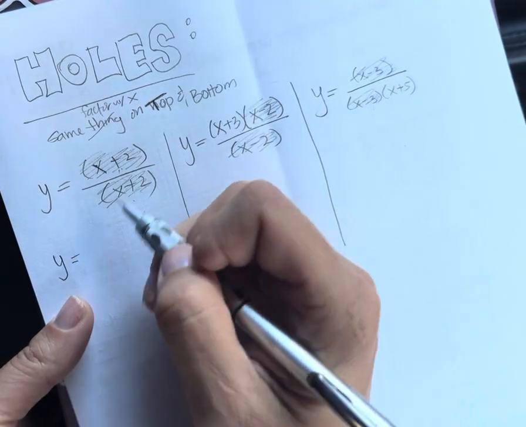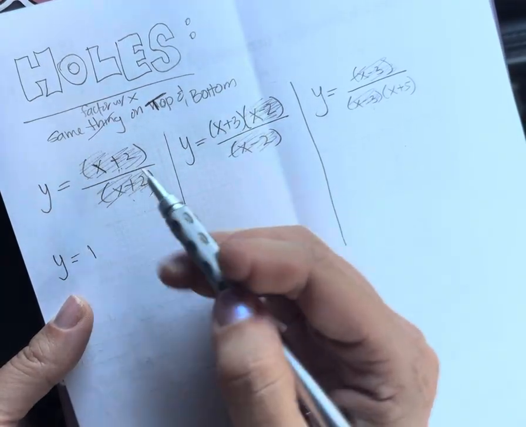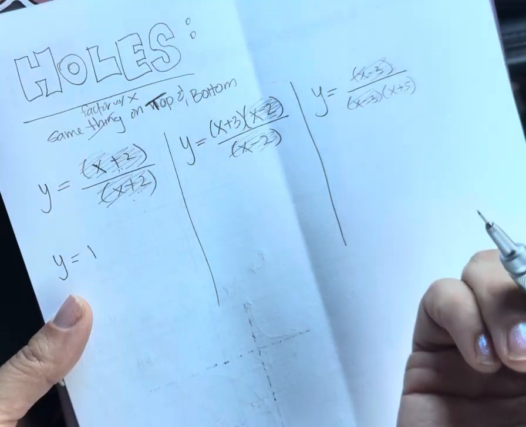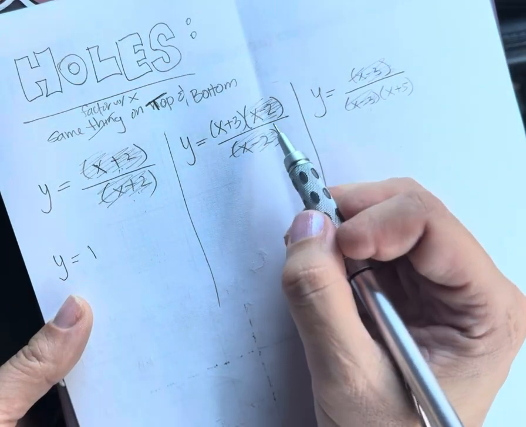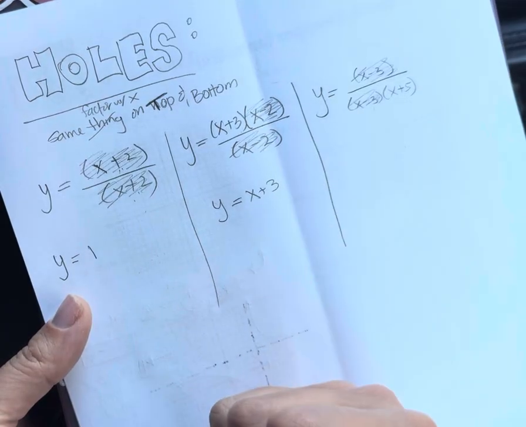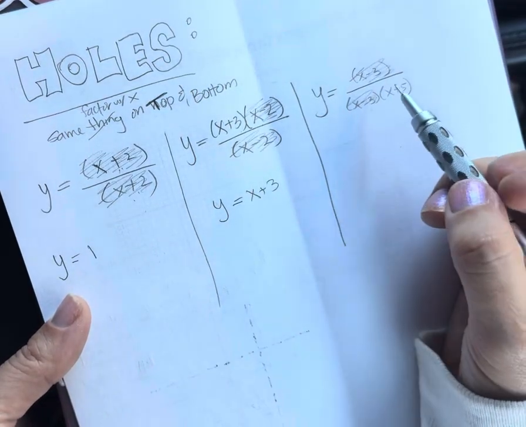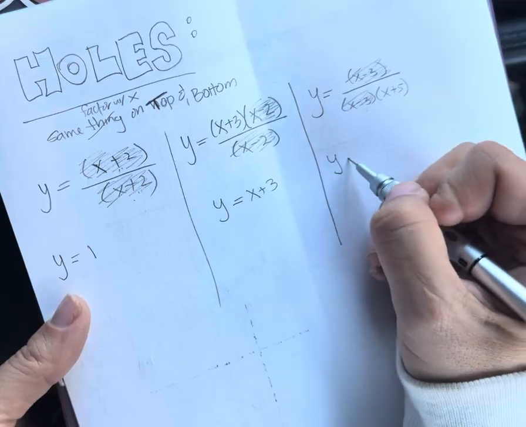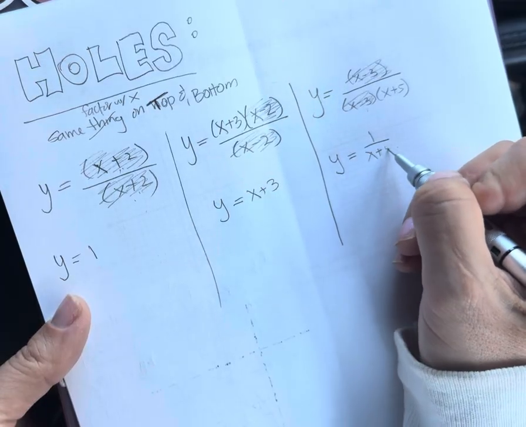Watch, over here, these guys cancel out. This is just 1, right? There's nothing left, it's just 1. Over here, these guys cancel out. This is just y equals x plus 3. And over here, these guys cancel out, and this is just y equals 1 over x plus 5.